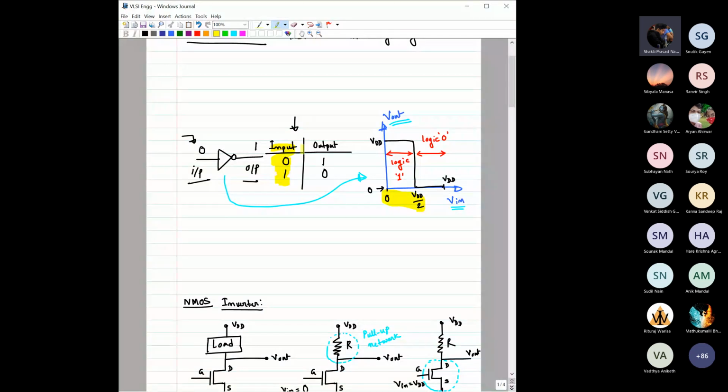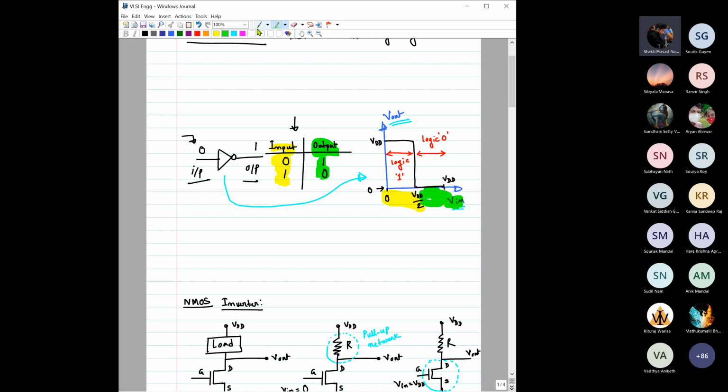From 0 to VDD by 2, this is logic 0 for input, and for the output we have defined it from VDD till V in, right? So it is basically a range of voltages. It is not actually a quantized or particular voltage for the input side, right?